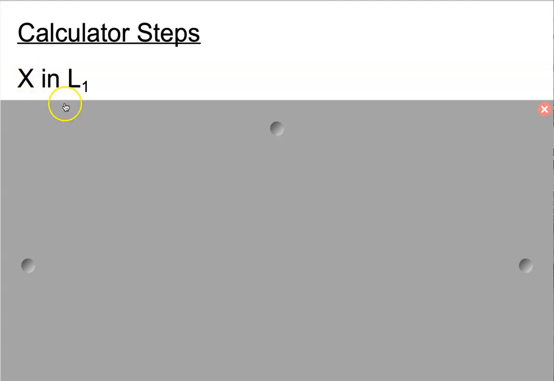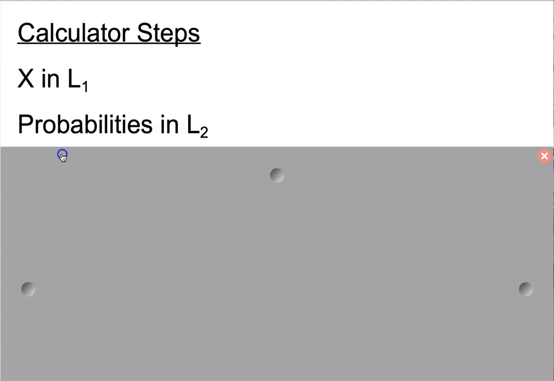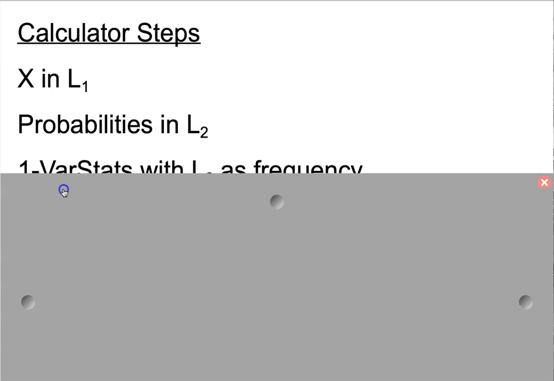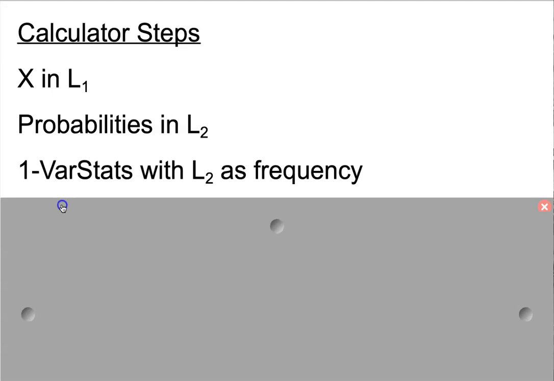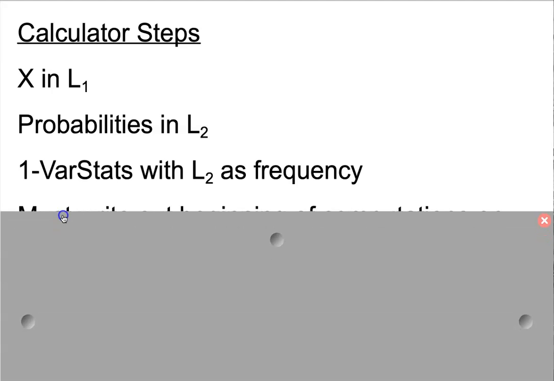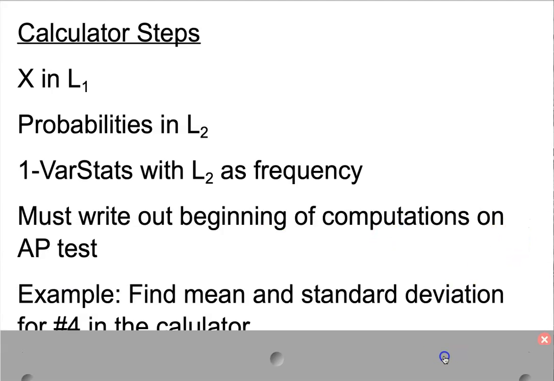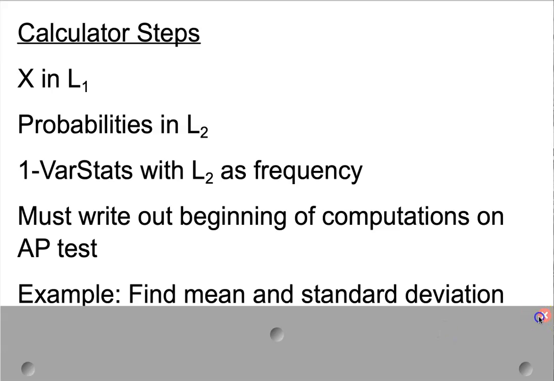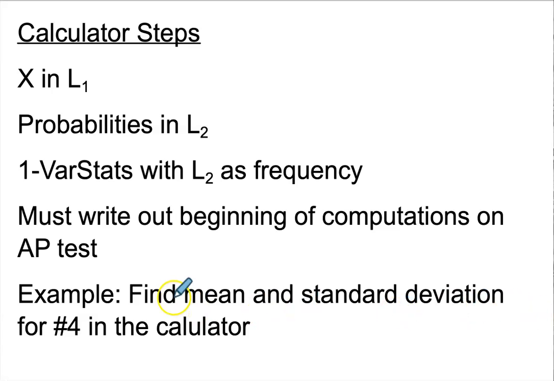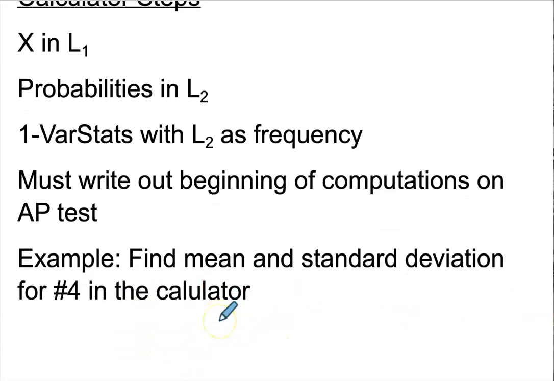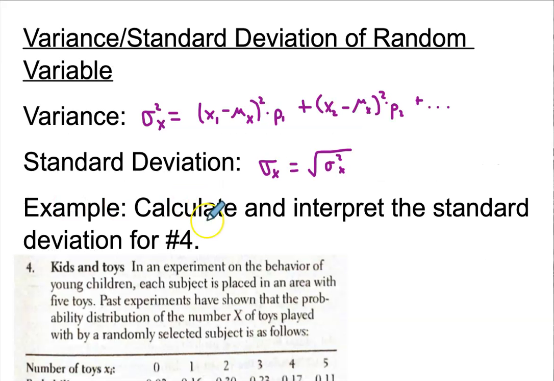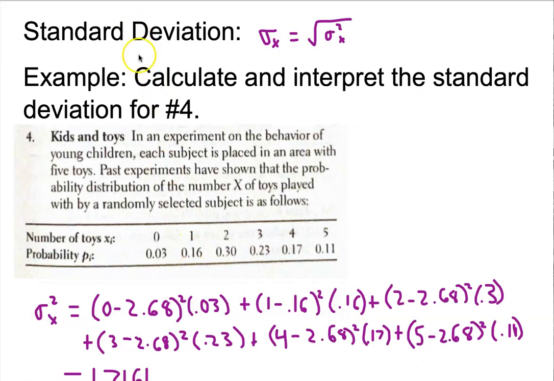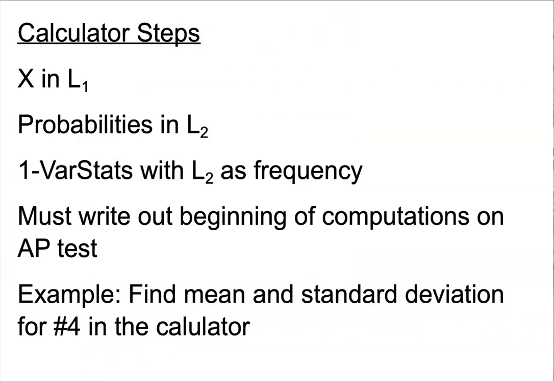You put the x values, or the different observations, in L1, the probabilities associated with those observations in L2, and then we do one var stats with L2 as the frequency. The deal is, though, you must write out the beginning of the computations on the AP test. So we'll do that again for that toy one. Let me, once again, steal this so we can see it.